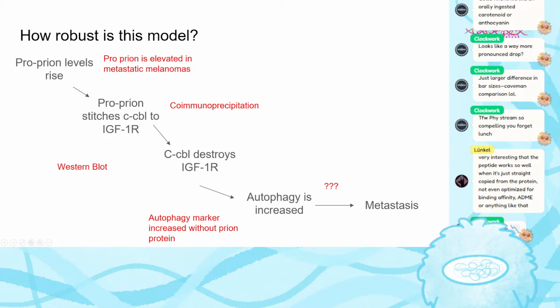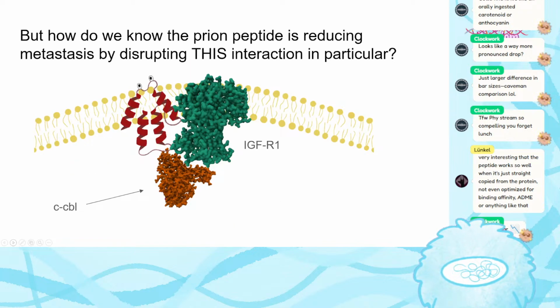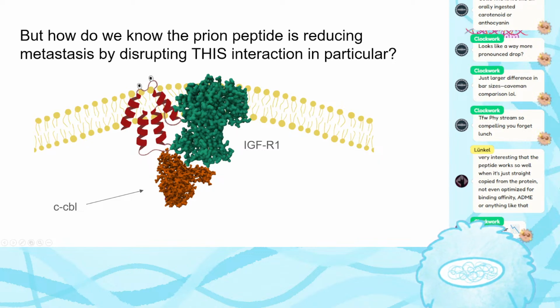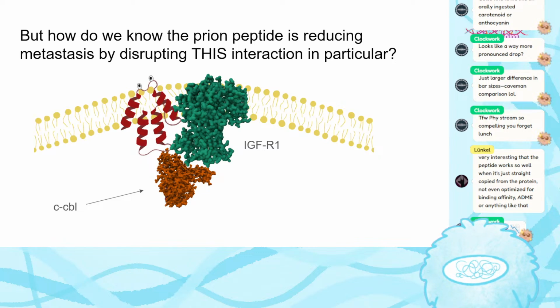And then the link to metastasis, I felt like, is not that clear, although we do know that adding a peptide that we think disrupts this interaction, and that we did show does it in a dish, is leading to a better cancer phenotype.